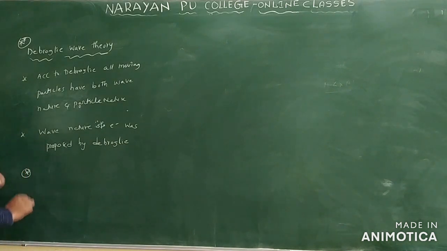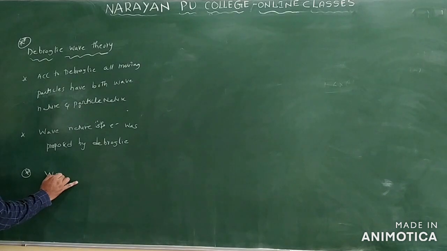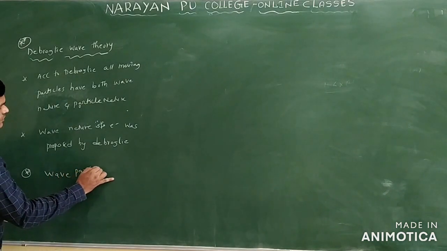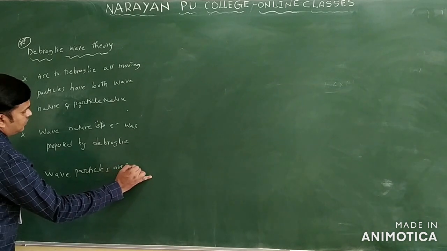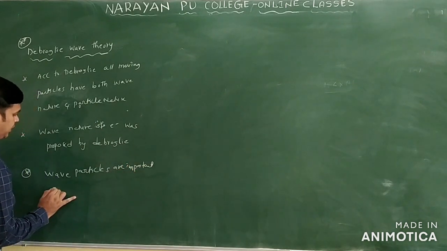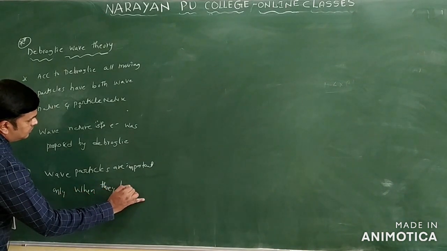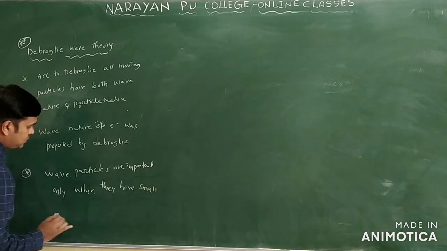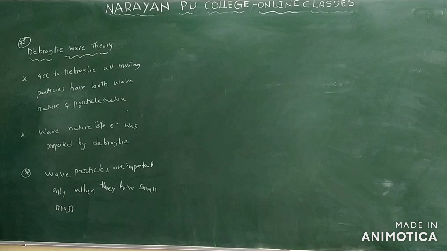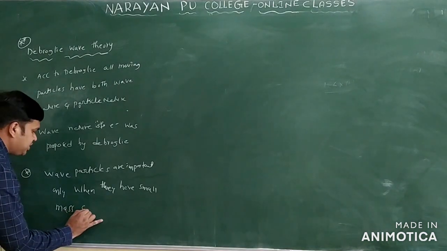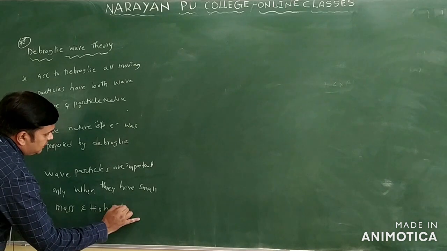So what is the condition given by de Broglie? Wave particles are important only when the particles have small mass and high velocity. Wave particles are important only when they have very small mass and high velocity.